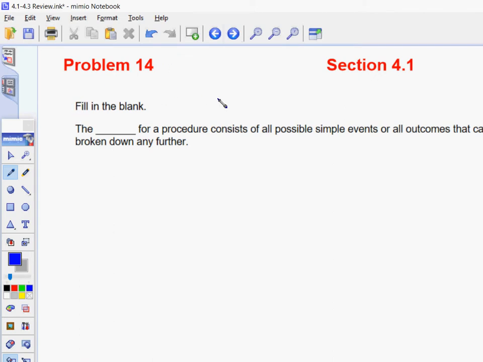The blank for procedure consists of all the possible simple events for all outcomes that cannot be broken down any further. Remember the simple events of having 3 children. There's 8 different simple events, all grouped together: boy, girl, and so on. 1, 2, 3, 4, 5, 6, 7, 8.